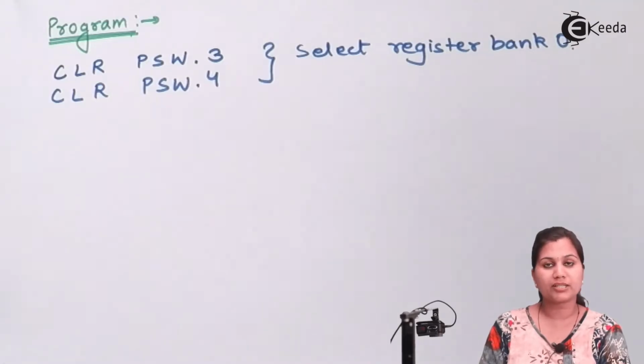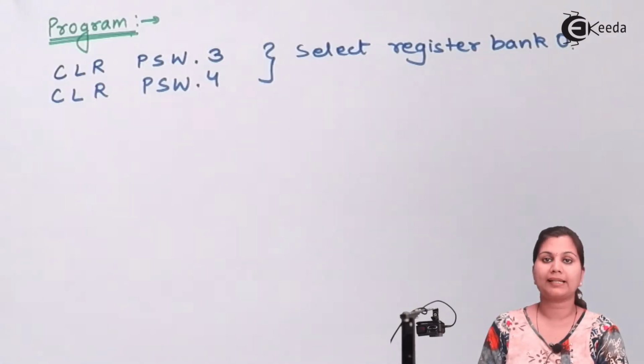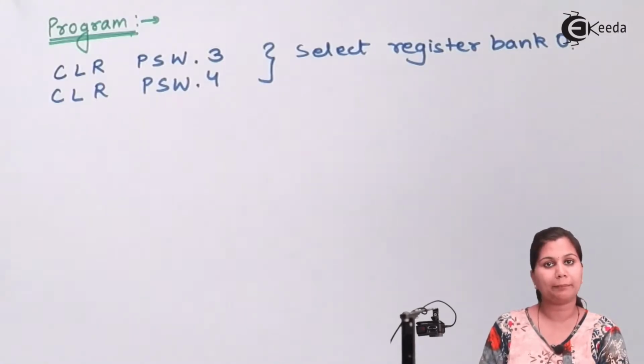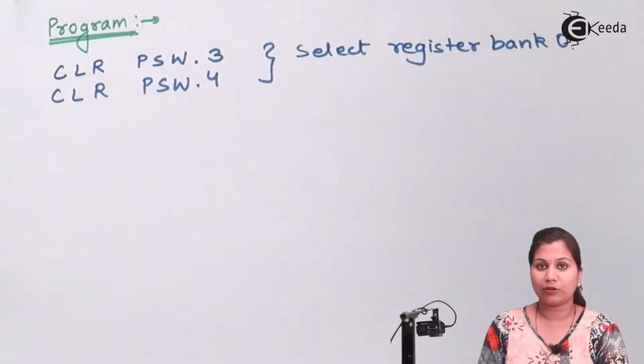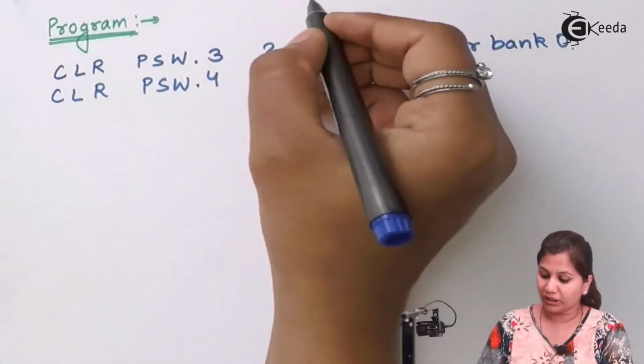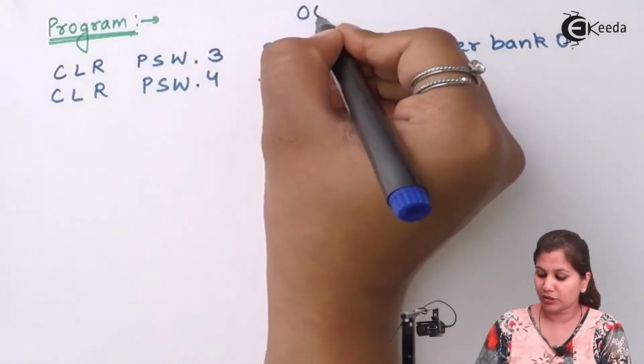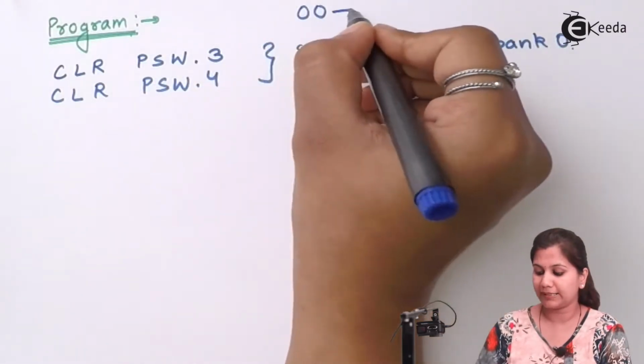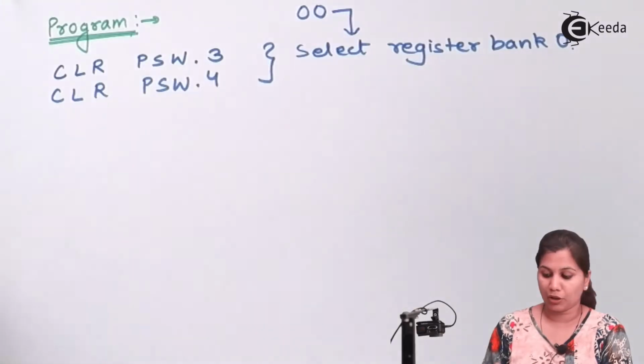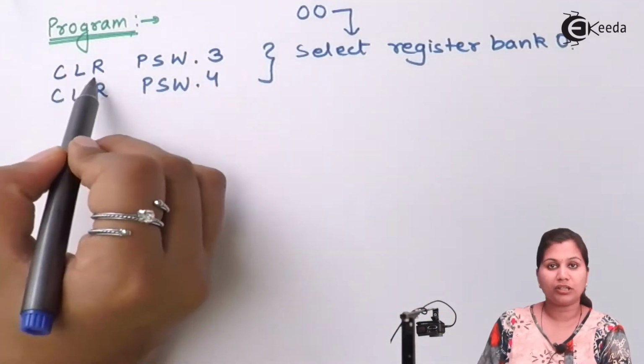There are 4 register banks in 8051, bank 0, bank 1, bank 2 and bank 3. So if we want to select the register bank 0, then these third and the fourth bit are to be 0 and 0. So when these third and fourth bit are 0, 0, then the register bank 0 is selected.